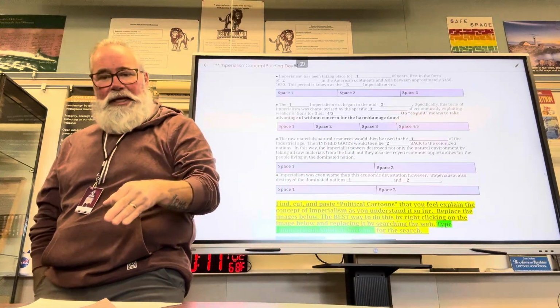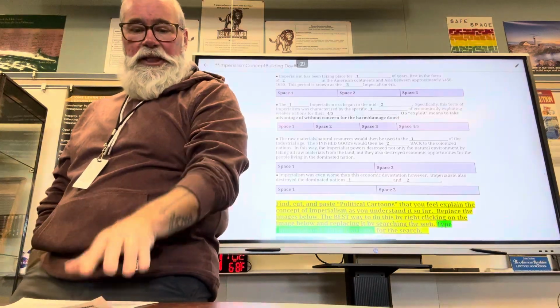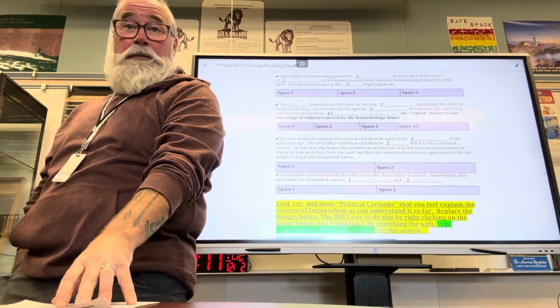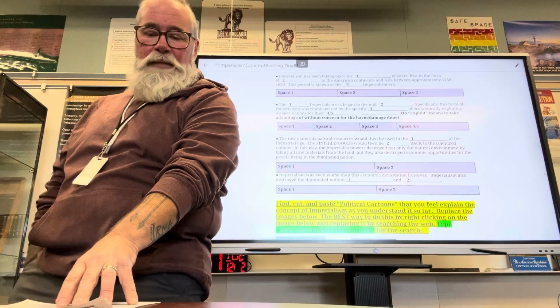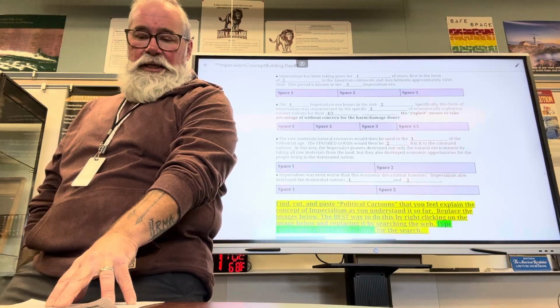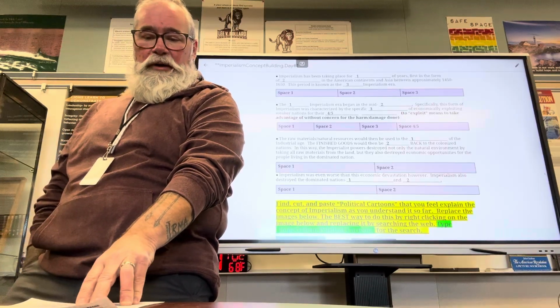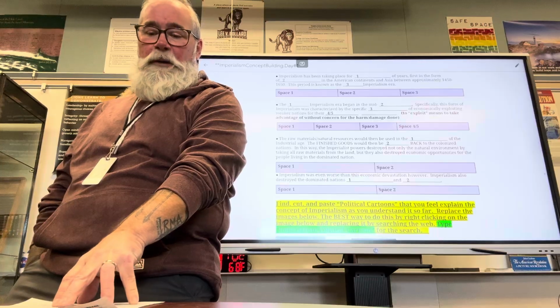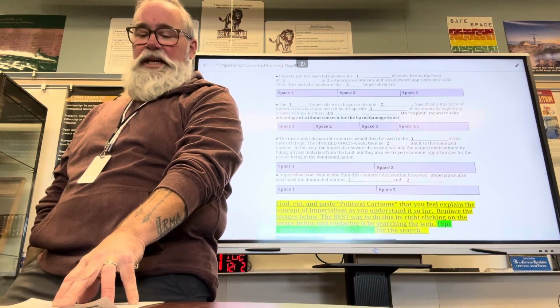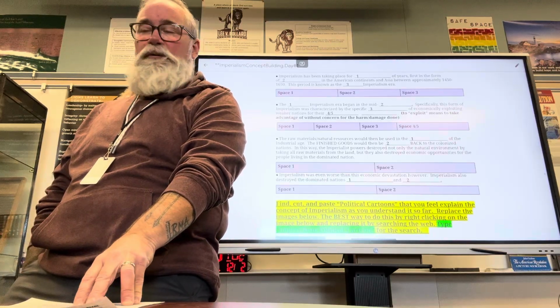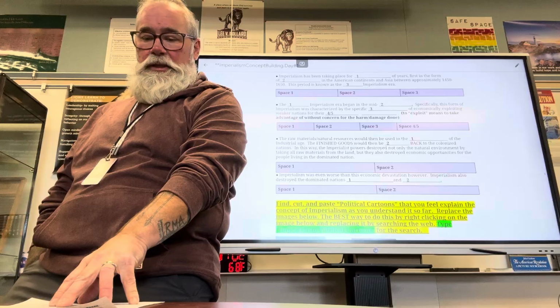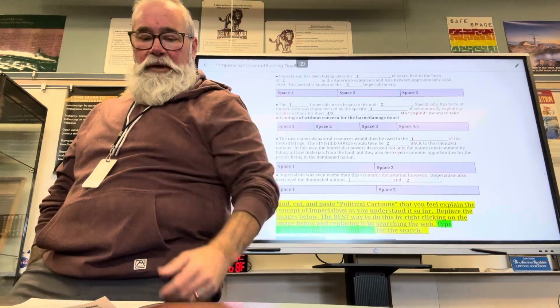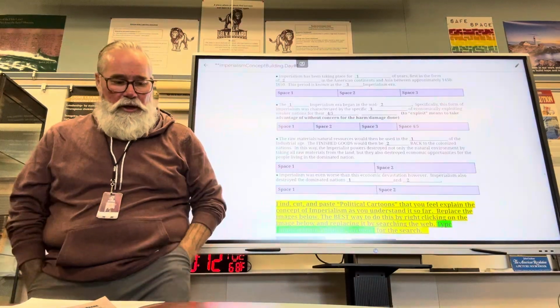So I'm going to go through that again. Make sure you're filling in these blanks. The new imperialism era began in the mid-1800s. Specifically, this form of imperialism was characterized by the specific practice of economically exploiting weaker nations for their natural resources. And to exploit means to take advantage of without concern.